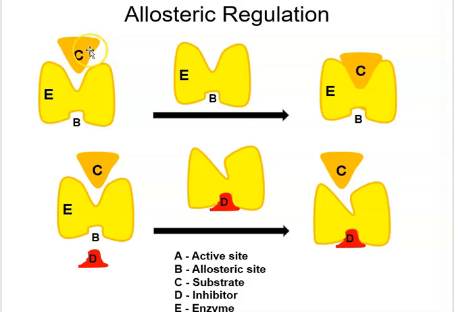Normally, under normal conditions, we have a normal chemical reaction: the enzyme and substrate bind and react chemically. But here we might have the allosteric site on a different region that changes the shape of the active site and allows the substrate not to bind. So here's a negative regulation that can occur.